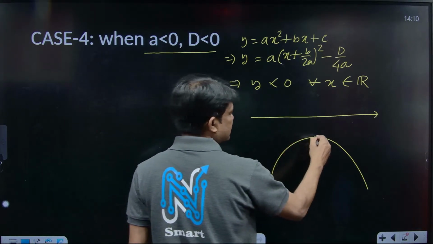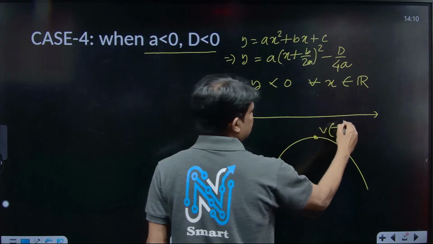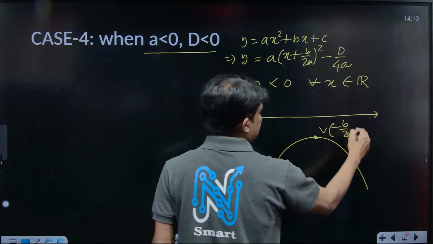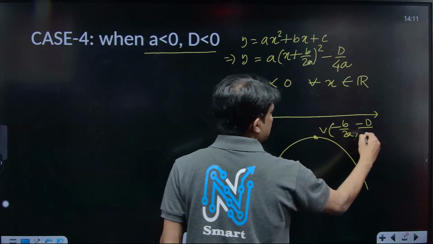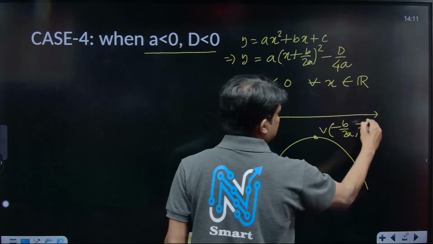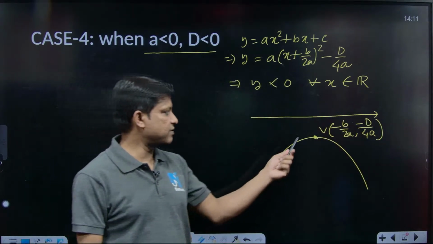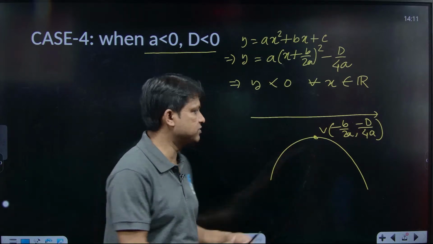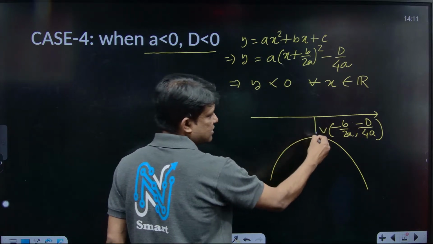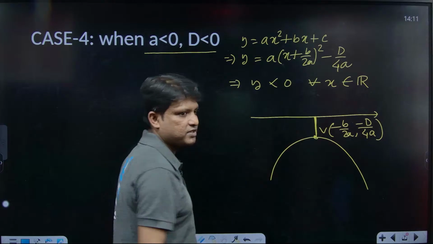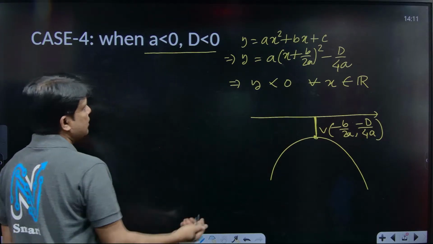This is the vertex, minus b by 2a, minus D by 4a. In that case the function has a maximum value, and what is the maximum value? This is the ordinate of this vertex, that means this distance is the functional maximum value.